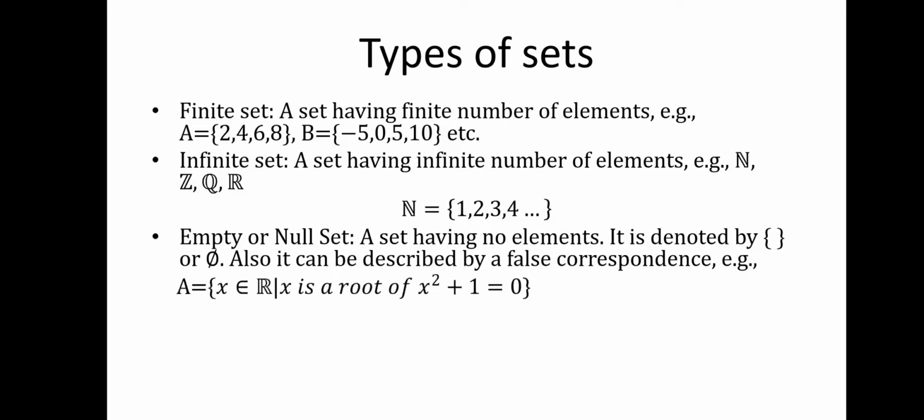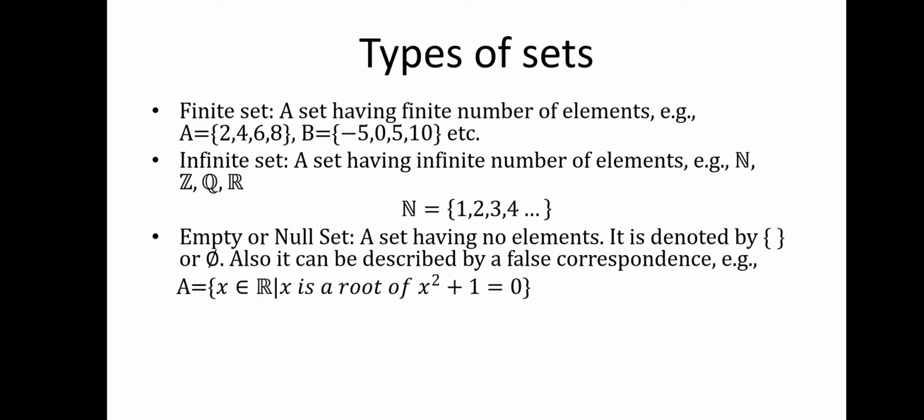For example, if I take A is x belongs to R, that means x is a real number, such that x square plus 1 equals 0. Now obviously this is an empty set. Why? Because there is no real number for which x square plus 1 is equal to 0.